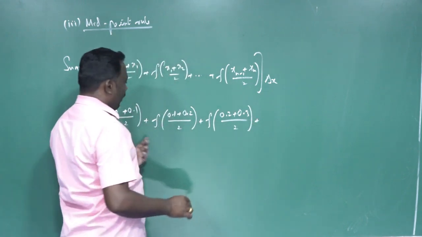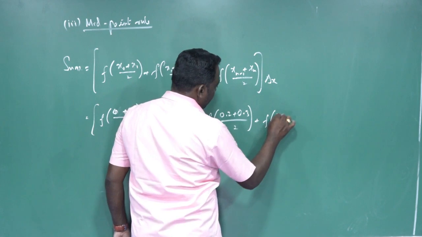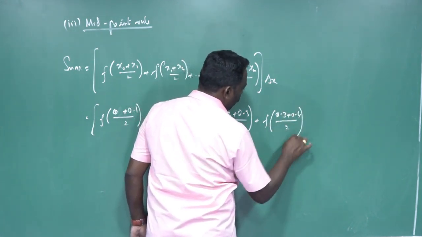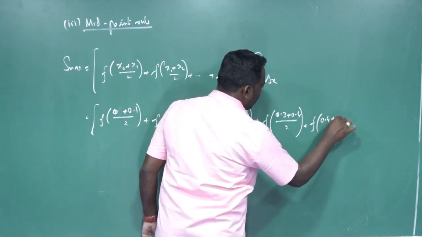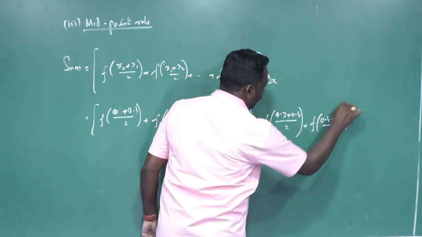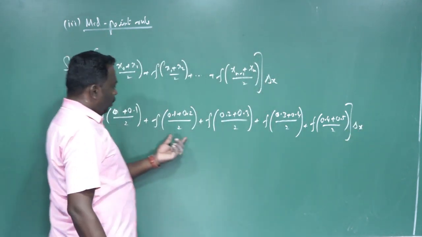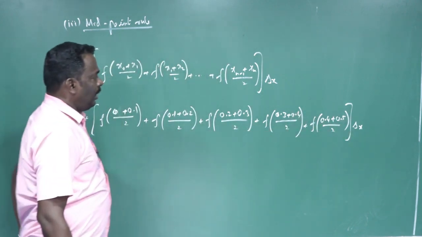We want to find out as the interval 1, 2, 3, 4, 5 into delta x.